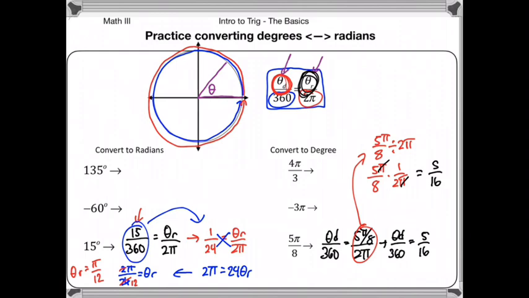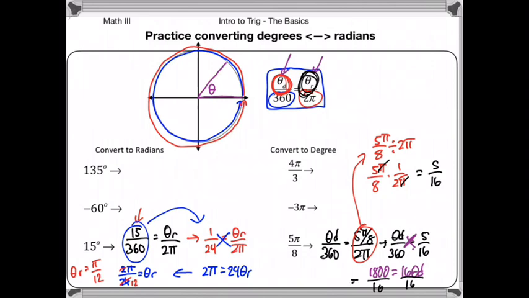Let's cross multiply and see what happens. 360 multiplied by 5 gives us 1800 equals 16 theta d. Now we divide off 16 on each side.